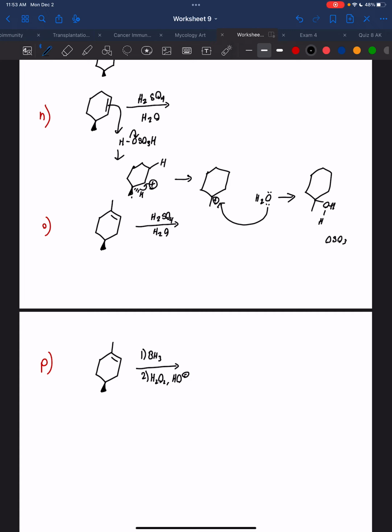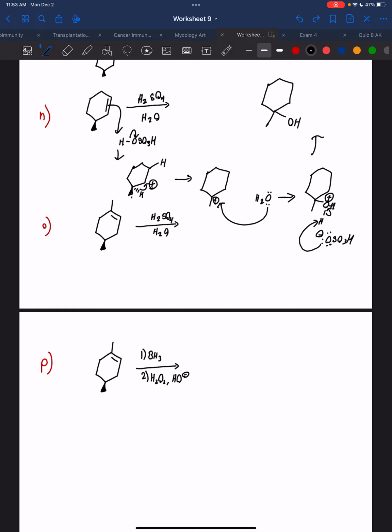Again, H₂O attacked, and now you have a good leaving group, but I don't want this to leave, so what I'll do instead is deprotonate so that I no longer have a good leaving group. But what you will have is this new H group in a position where we did not expect. So again, just make sure to account for rearrangements, because it's not like you could have immediately put the H₂O in one of these positions.